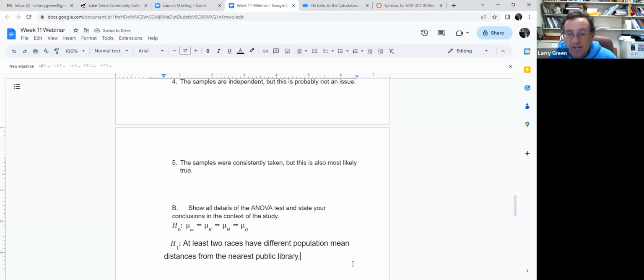Any questions on H1? So again, with ANOVA, it's easiest to do symbols for H naught and a sentence for H1 is what I want you to do for the exam, for example.